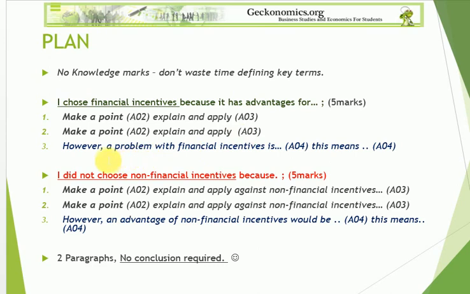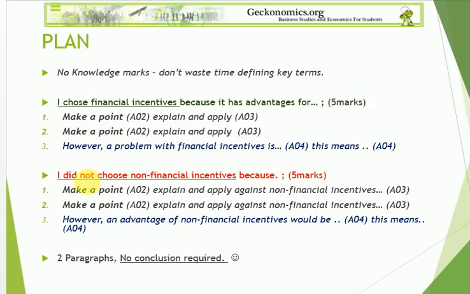At the end of that paragraph, just for some eval, write down a problem for financial incentives. It doesn't motivate people who are not interested in money as a motivating factor. This means that I'll get you some AO4, and then that paragraph should get you 5 marks, with lots of connectives.